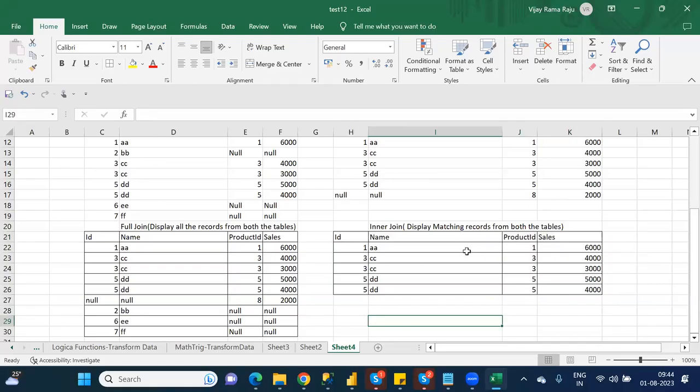That's the reason these are the values. Understand clearly or not? In both the tables, whatever values are matching, only those related we can display here.